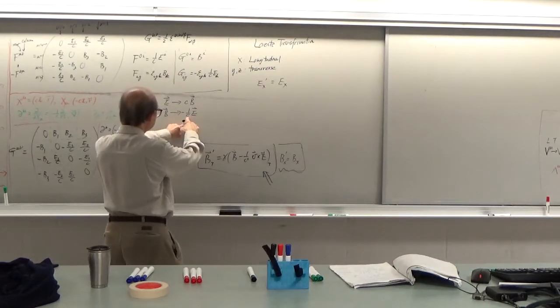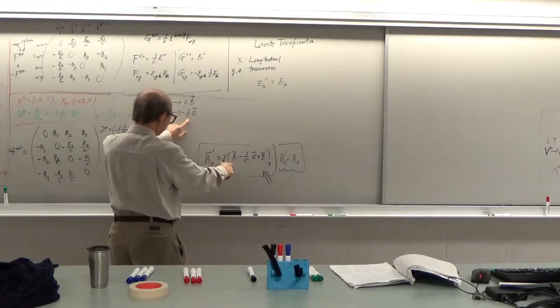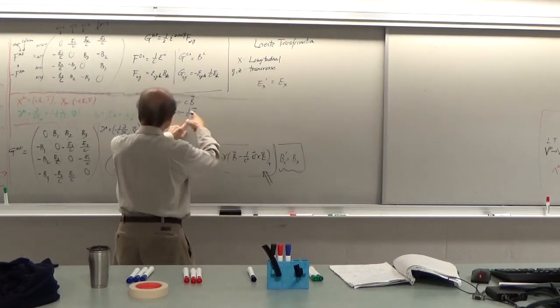Next, we do the same thing here. B goes into 1 over c E with the y side, and we do the same thing here, and E goes into this one.